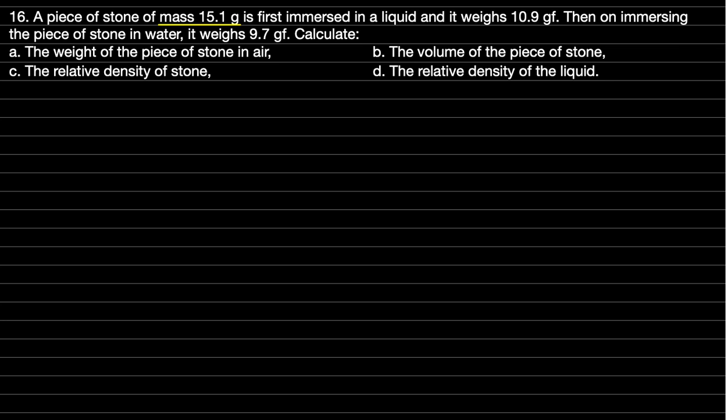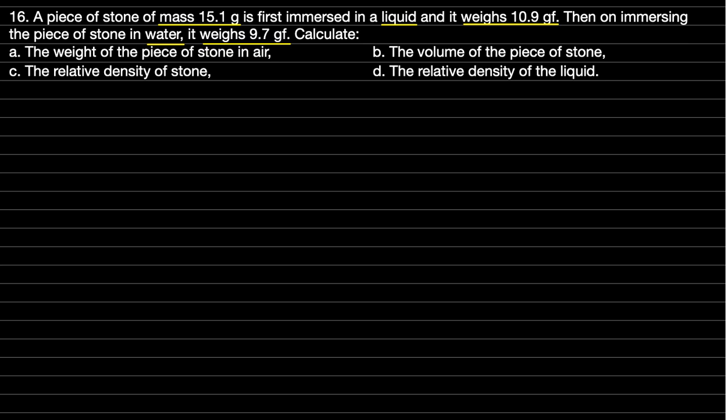It is first immersed in liquid. In liquid it weighs 10.9 gf. So weight in liquid is 10.9 gf. And then it is immersed in water. It weighs 9.7 gf. So I would write the given data first of all.